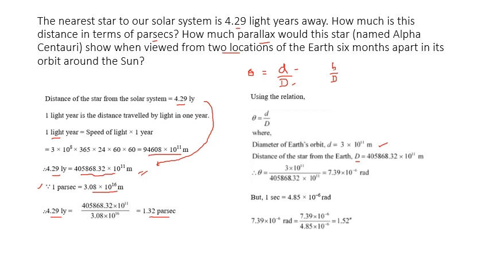We know these two values, so you can find theta. Am I right? The theta value is 7.39 × 10^-6 radians. Very important. You can stop up to this, otherwise you can simplify further if they ask. 1 arc second, we know this relationship. You can use this relationship to find theta in terms of arc seconds.